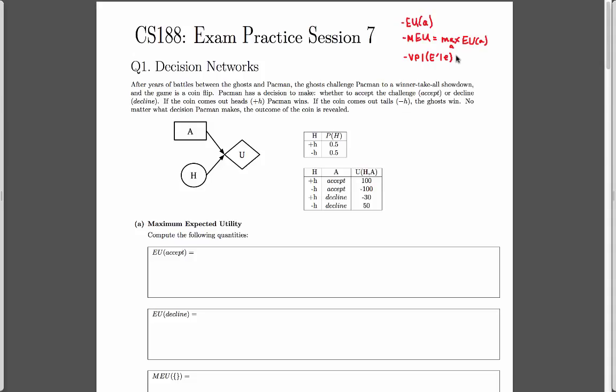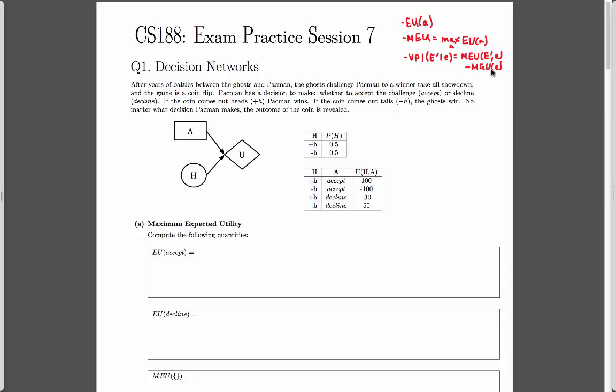And mathematically speaking, this is equal to the maximum expected utility knowing both E prime and E minus the maximum expected utility if you only knew E. And so what this value represents is the expected value that we get if E prime is revealed and then we act.